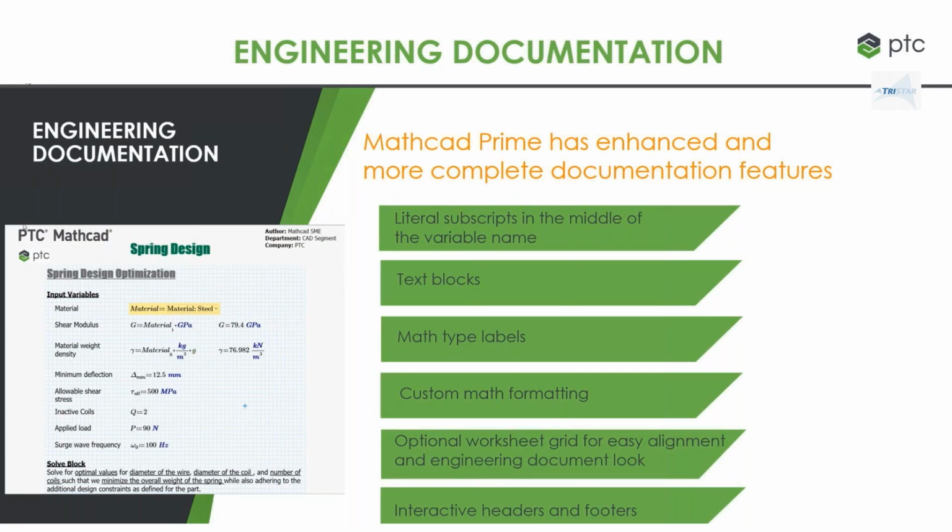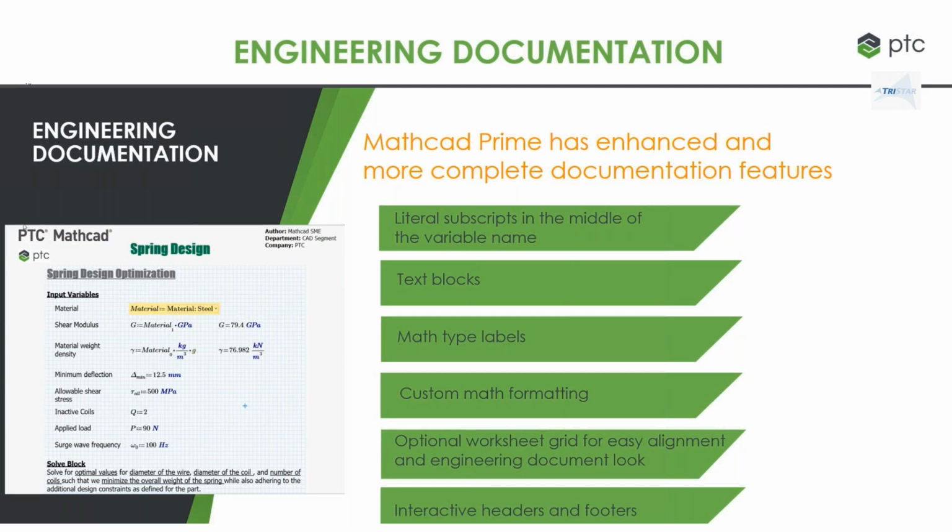When we talk about the documentation piece, I really feel like that's Mathcad's strength. You know, if you're creating a document for work or for school, you just can create these professional, aesthetically pleasing documents. You don't have to export the math into another program, although you could.